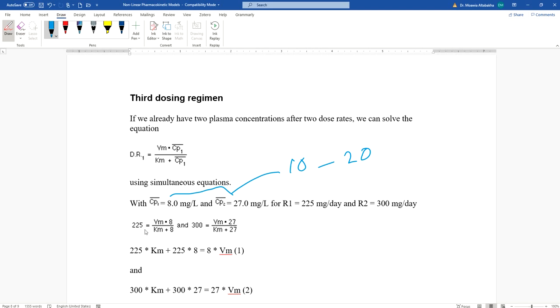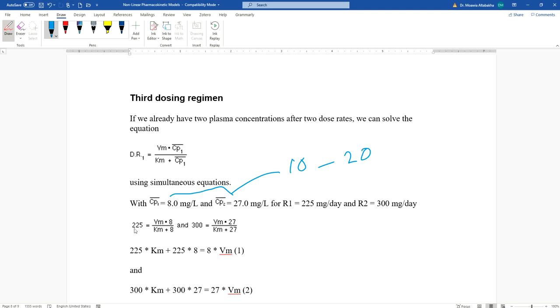So the solution for this is to solve the two equations simultaneously, together, the two equations which are dosing rate 1 and dosing rate 2.